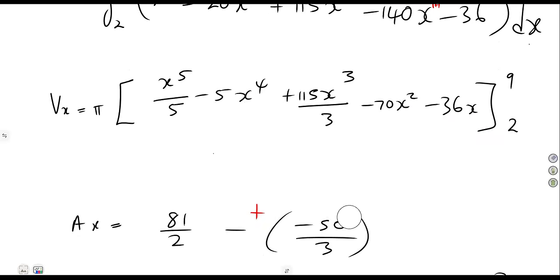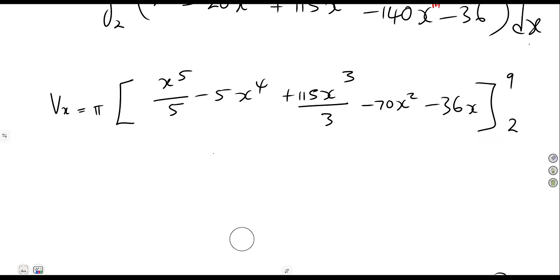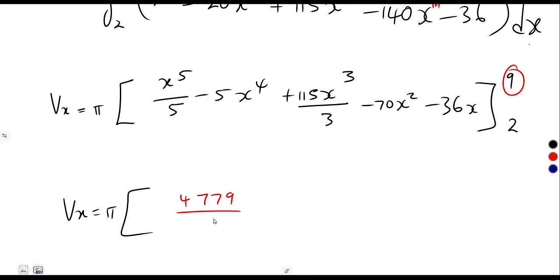Substituting, guys, your upper limit, just like before, you put the upper limit in place of x, so in place of x you put 9. You are going to obtain something like 4779 over 5. Minus the lower limit: when you put a 2 in place of x, you are going to obtain negative 1784 over 15.